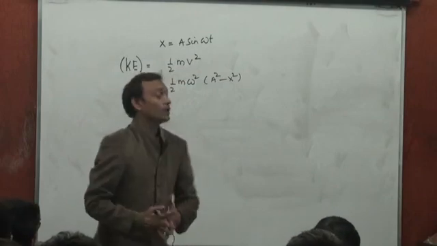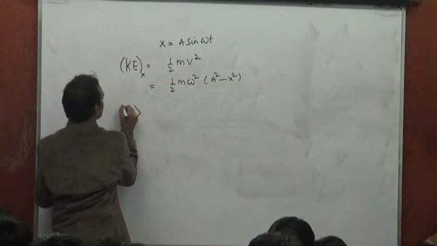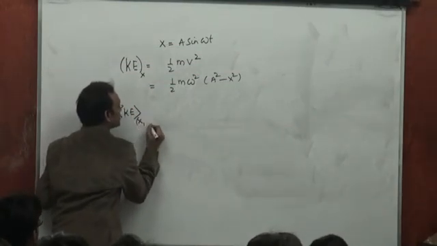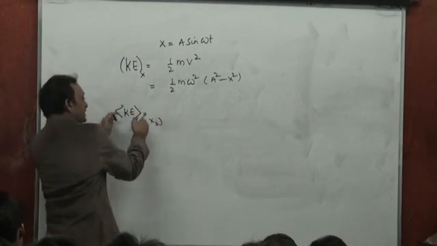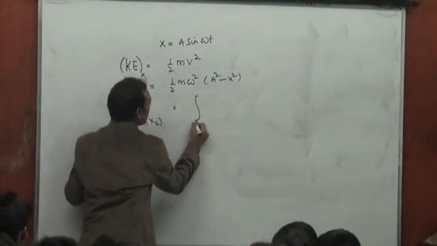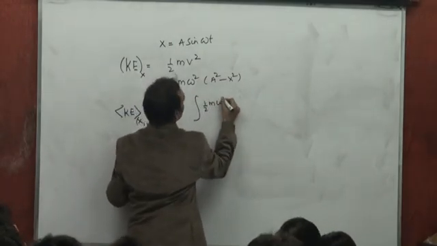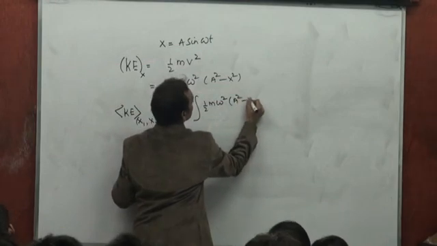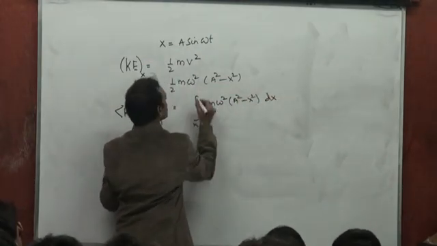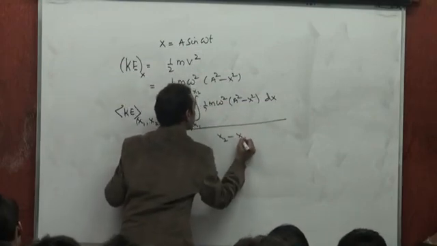That means the average kinetic energy in the interval x1 to x2 is going to be the integral of the kinetic energy at any given x, dx, x runs from x1 to x2, divided by x2 minus x1.